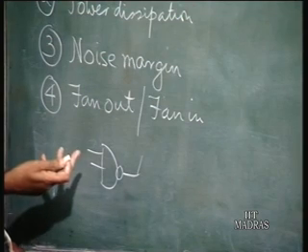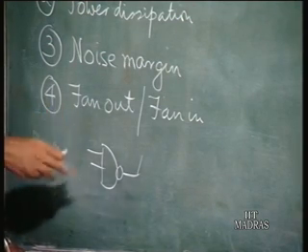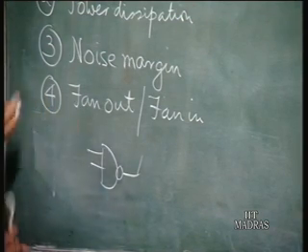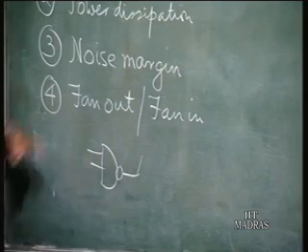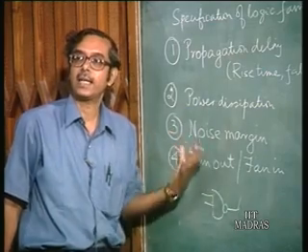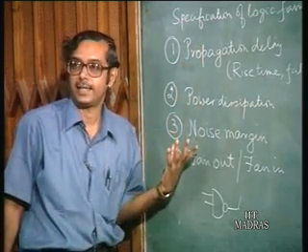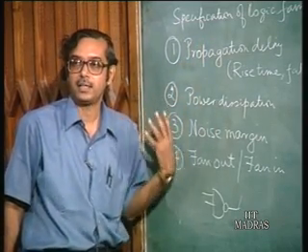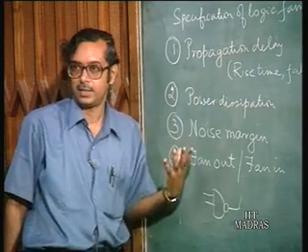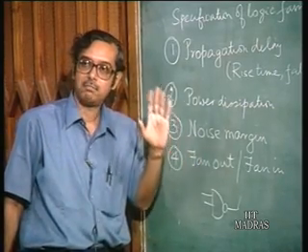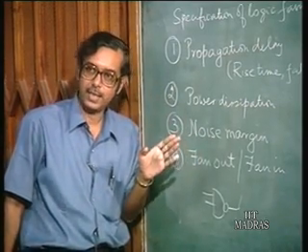There is a limitation, because if you go on increasing the fan out, the other characteristics start getting degraded, the speed may fall. So again there is a limit on the fan out.